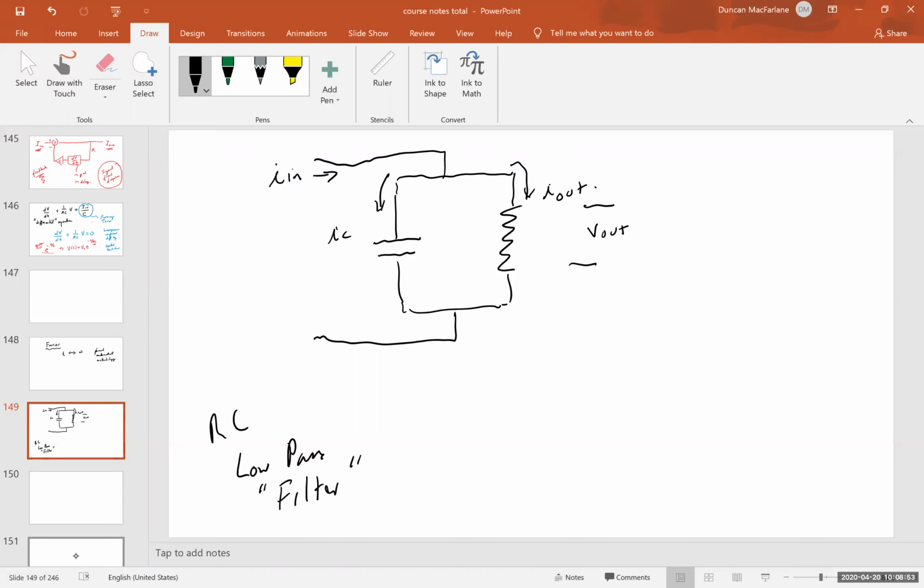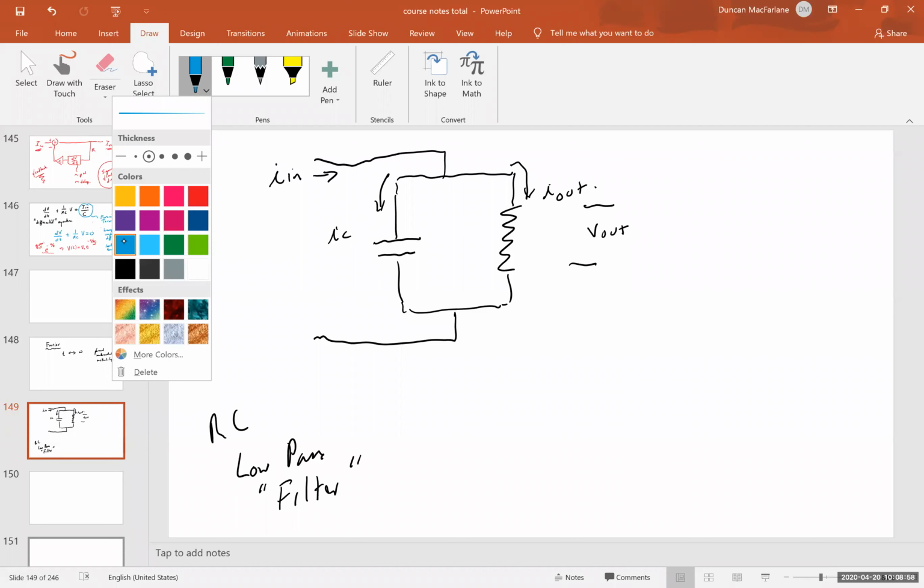Now I'm going to write down some of the things we know about these circuit elements.